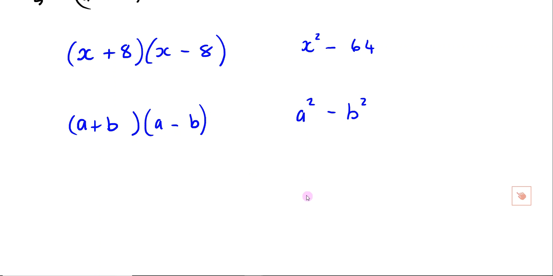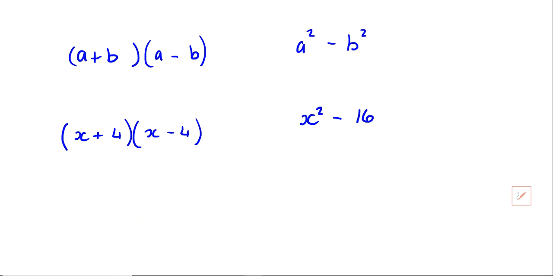So if I said we've got x squared minus 16, and I asked you what the two brackets would be? Exactly. Got that? Nice and easy.